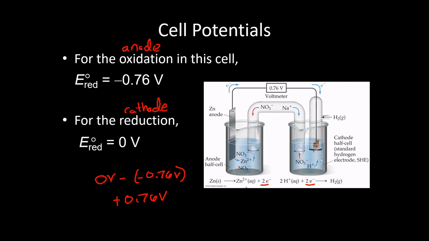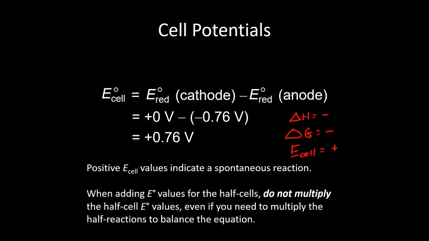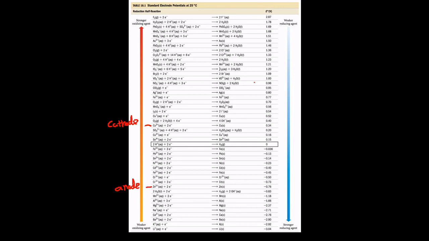But if we did have a situation where maybe instead of zinc going to zinc 2 plus, we had zinc going to zinc plus, for example, and so we ended up having to multiply this by 2 to get the same number of electrons being transferred, you would not multiply the cell voltage, or the standard reduction potential, by 2. You take the number straight from the table. No multiplication by anything ever. You will never take one of these cell voltages and multiply it by some value from the balanced chemical equation. It will never happen. You will simply take the number from the table and use that.